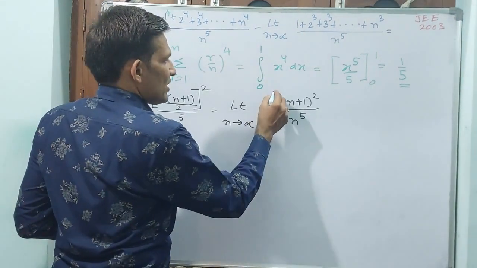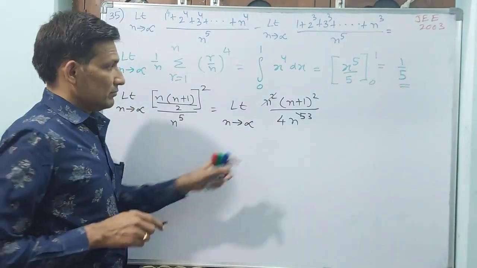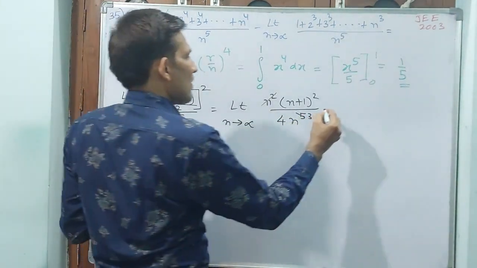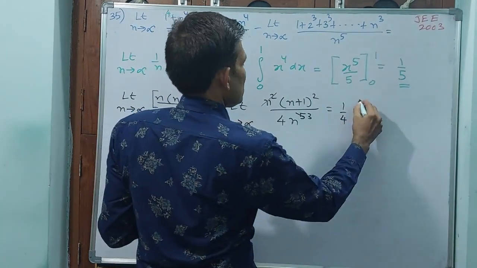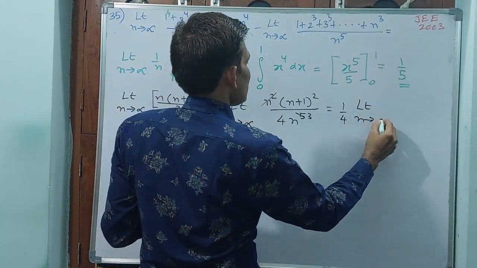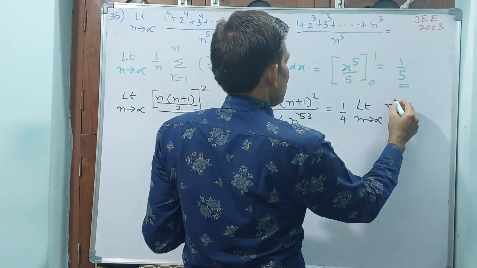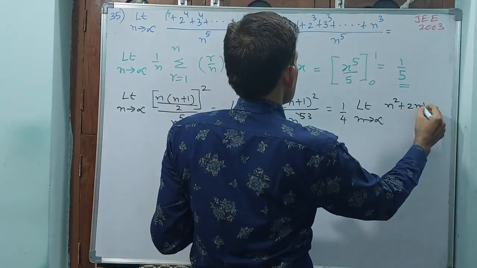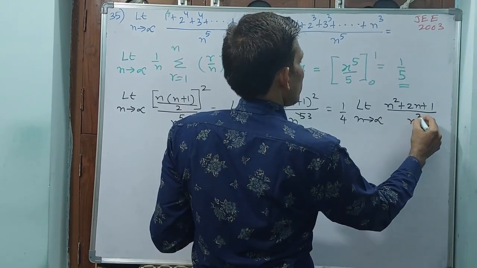Now you see n square will make it as n cube. Now you see how I am writing. 1 by 4 I have taken outside. Limit n tends to infinity. You see, n plus 1 whole square I am expanding: n square plus 2n plus 1 divided by n cube.